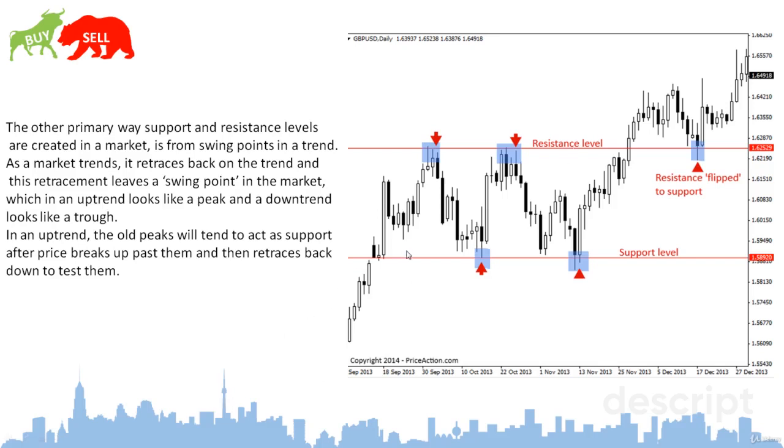As you can see here, the market broke up through the support, and this supported the market up, then it retraced, then went up until reaching this resistance. The market reacted, the sellers entered here, and the market dropped down to the previous support.